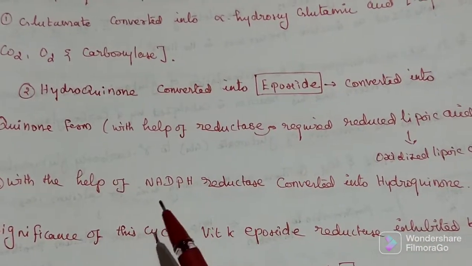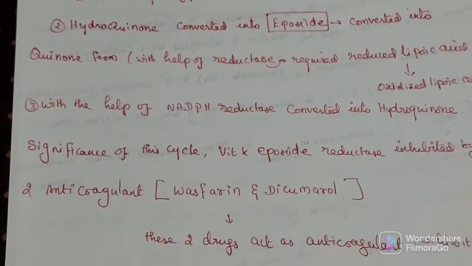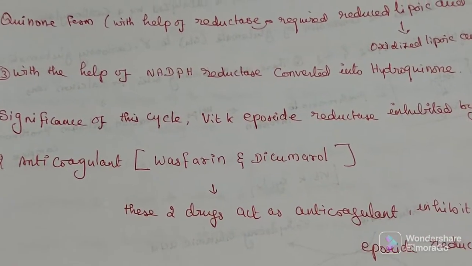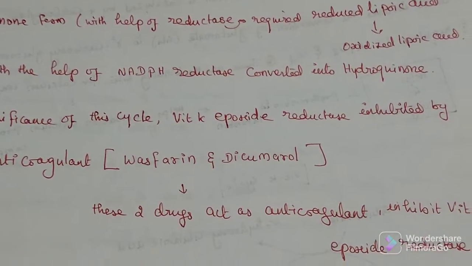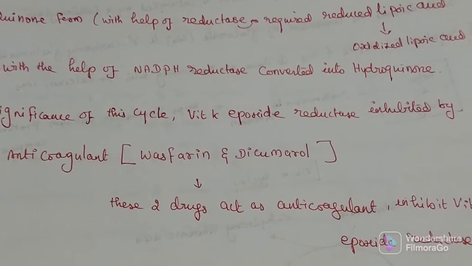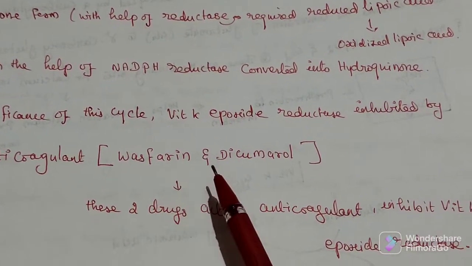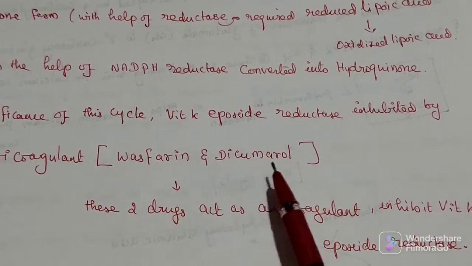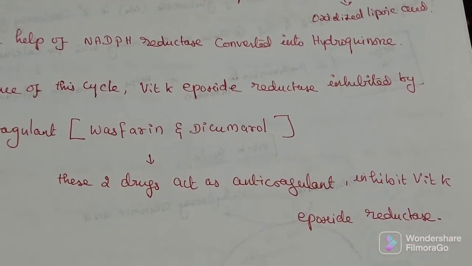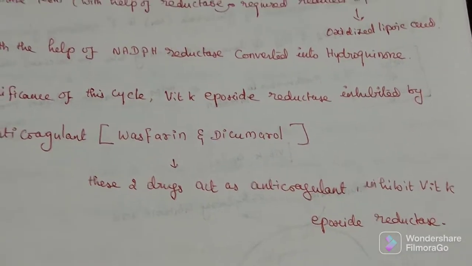Then with the help of NADPH reductase it is converted into the hydroquinone form. The significance of this cycle is that vitamin K epoxide reductase is inhibited by two anticoagulants or antagonists, warfarin and dicumarol. It is a competitive inhibition. These two drugs act as anticoagulants and inhibit vitamin K epoxide reductase.